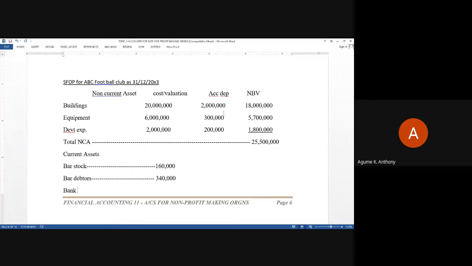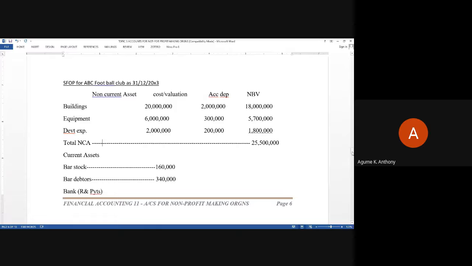And of course, this figure you get from your receipts and payments account. So that closing balance in your receipts and payments account, which is 28,230,000, is here.